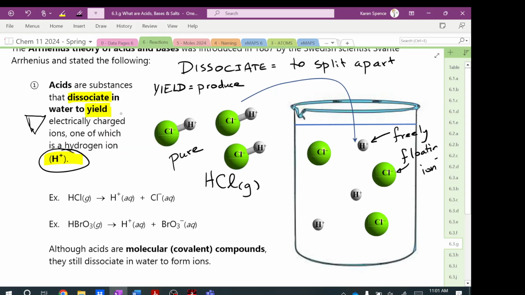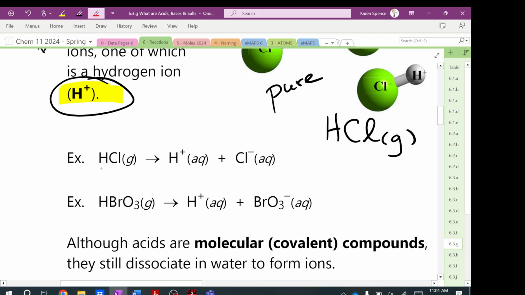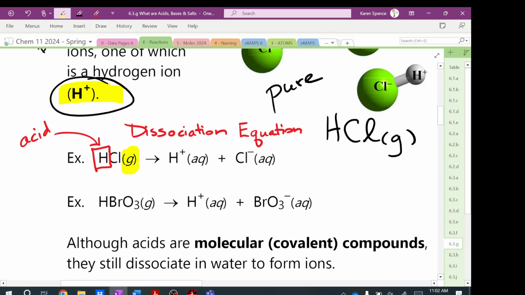You can recognize that you have an acid because the acid formula contains an H, right? That tells you you have an acid. The way we write this dissociation equation is we write HCl together as a gas, and then we have the ions, H+, which is now dissolved in water, aqueous, and Cl-, aqueous.